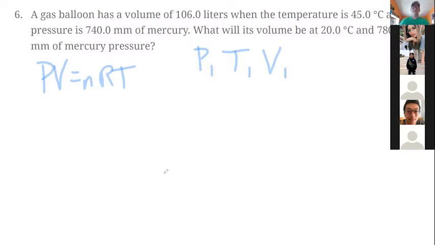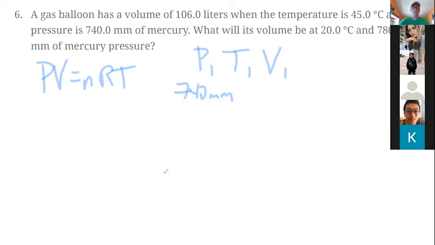So what's P1 equal to? What's the initial pressure? 740 millimeters. Yep, it's 740 millimeters. What is T1? 45 degrees Celsius.